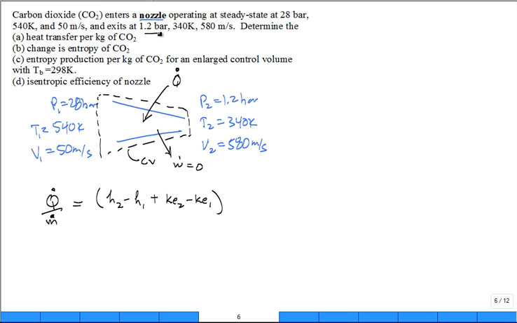Make sense? All right. I know that I have a table for carbon dioxide, but they give me H2 bar. How am I going to go from H2 bar, H1 bar to H2 without the bar? I'm going to use M. Either I'm going to multiply by M or divide by M. First of all, remind me, what is M? Molar mass.